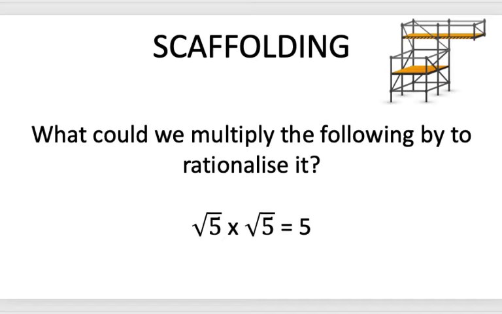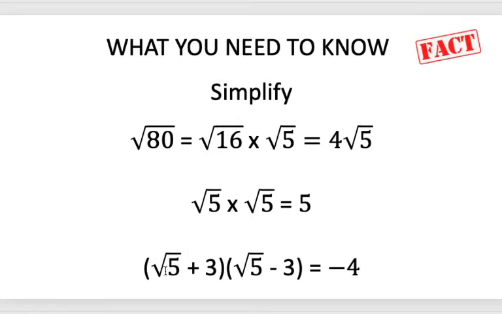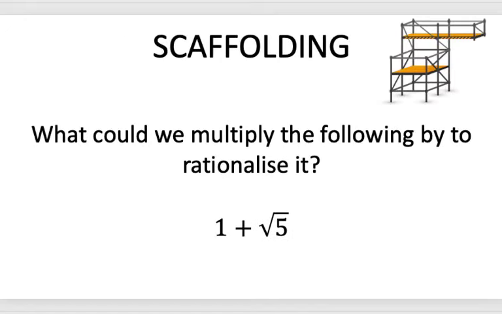What would be more interesting though is to look at questions like this, where I've got an expression and I've got 1 plus root 5, and the answer to this is very similar to what we saw a second ago in those examples. So just quickly scanning back, we saw that if we had root 5 and 3, and root 5 minus 3, it's simplified to give us negative 4. So what if I had 1 plus root 5? What is it that I could multiply this by and end up with just a whole number?